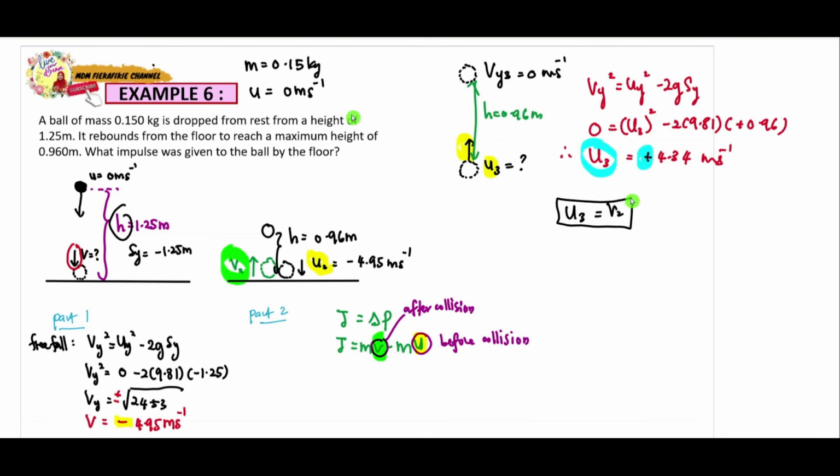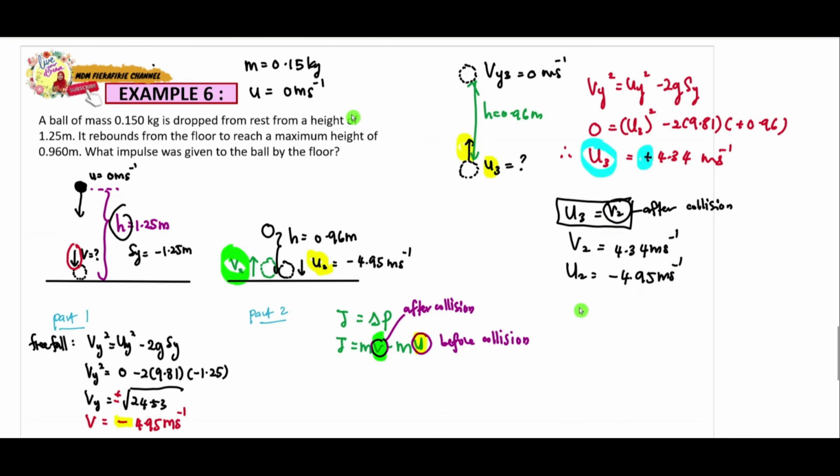So now kita dah dapat nilai U3 ini tadi, di mana U3 is equal to V2, where V2 adalah velocity of the ball after collision. So bila saya dah dapat semua maklumat, saya dah dapat V2 saya, which is 4.34 meter per second, after collision, and U2 saya dah dapat negative 4.95 meter per second.